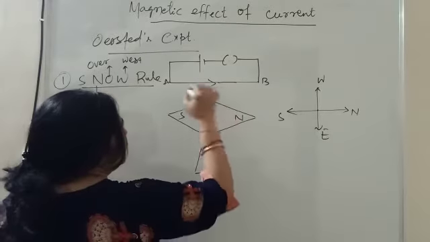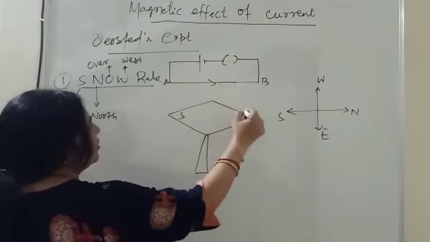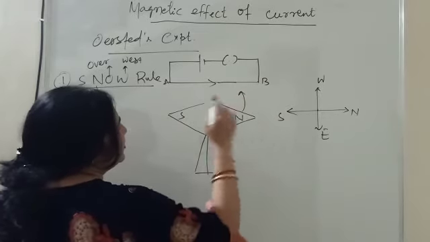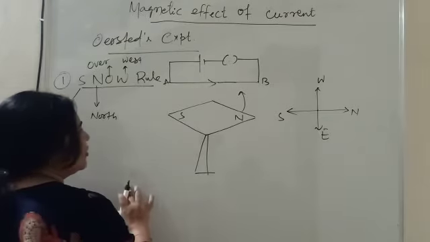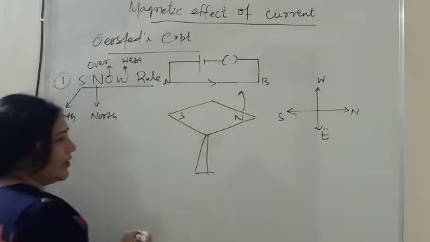So once the current flows from south to north, the north pole will get deflected towards the west. This is how we can determine in which direction the north pole will get deflected.